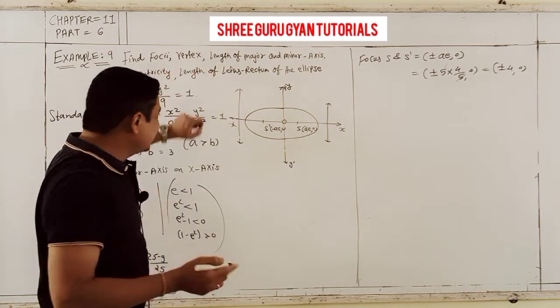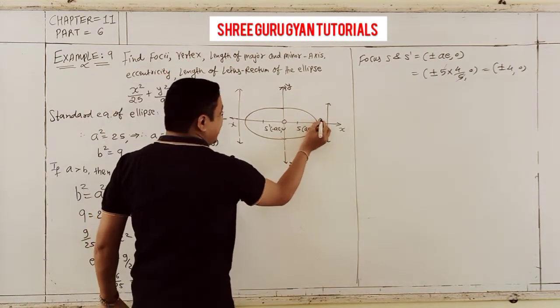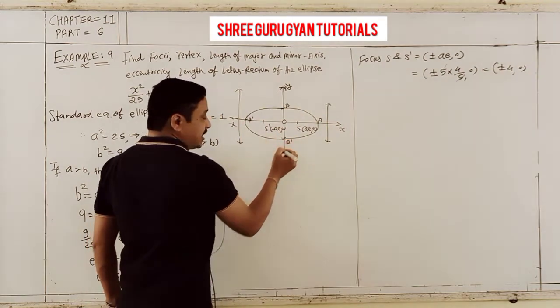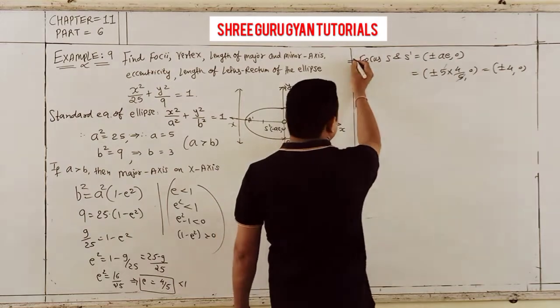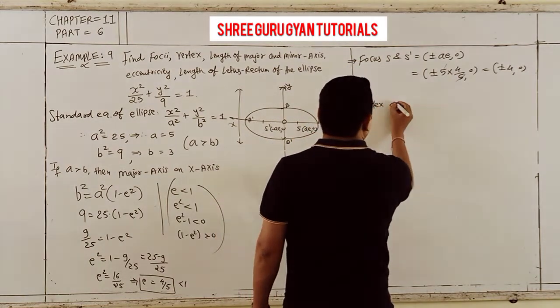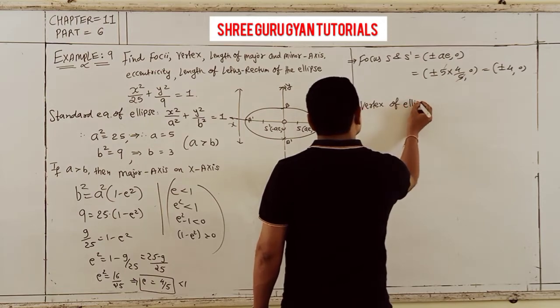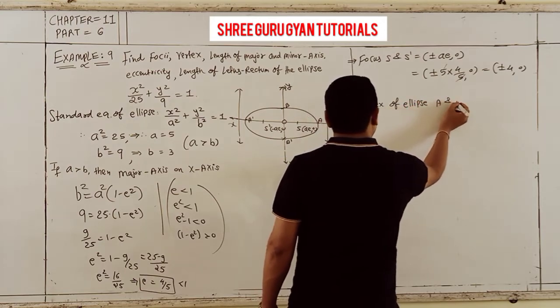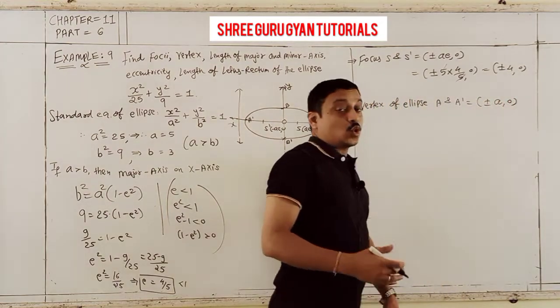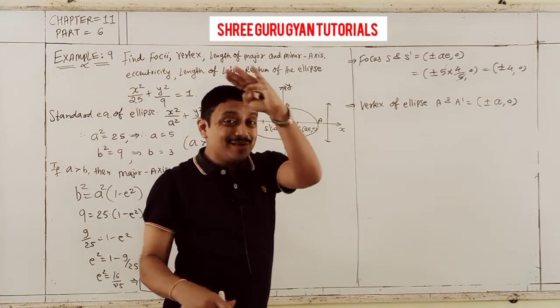Now vertex means this vertex, students, A and A dash. So the second part, after that we go to the vertices of the ellipse. A and A dash are plus or minus a comma 0 on the x-axis, same as on the y-axis.